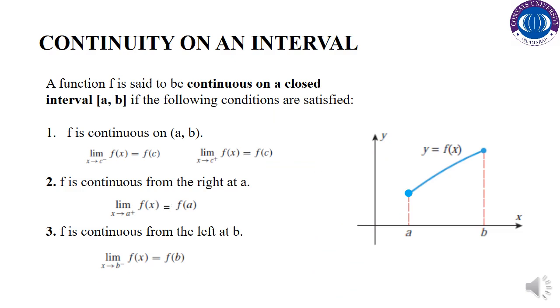Continuity on an interval. In the last slide we found the continuity of a function at a point. Now we will find the continuity of a function on an interval. So the definition is: a function f is said to be continuous on a closed interval [a, b] if the following conditions are satisfied.